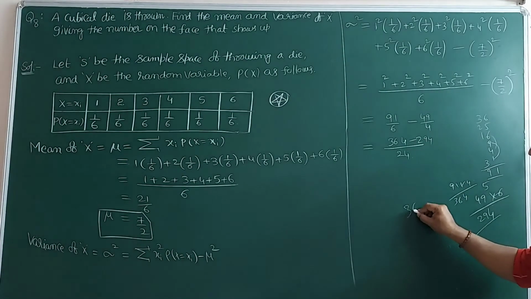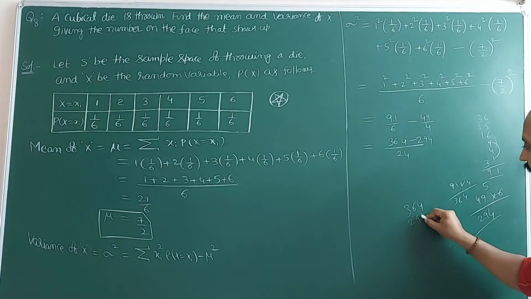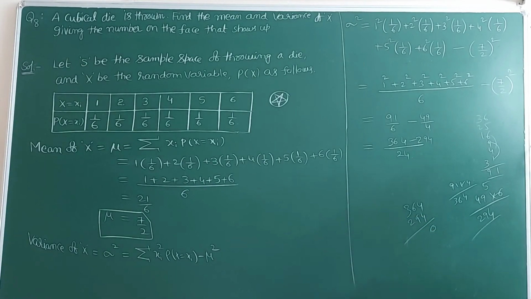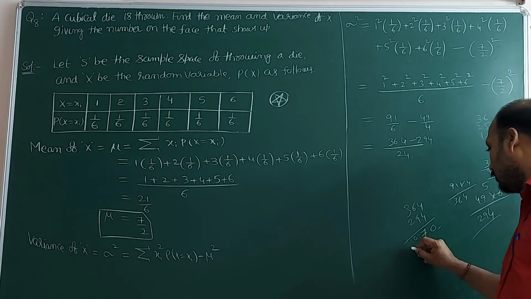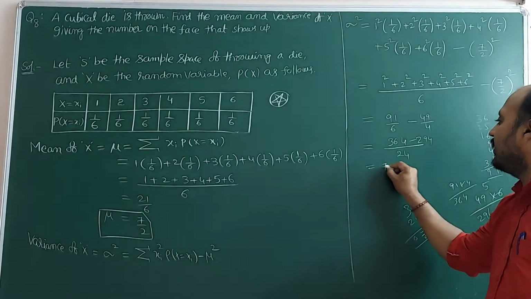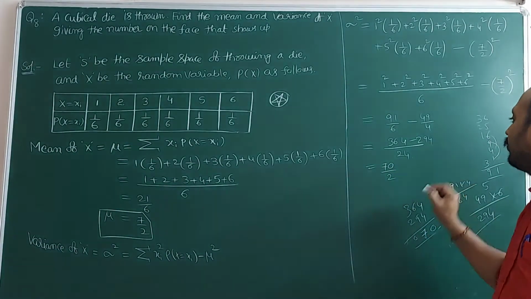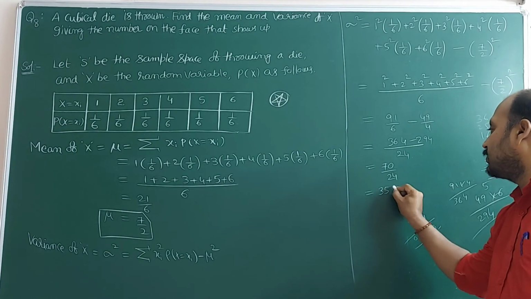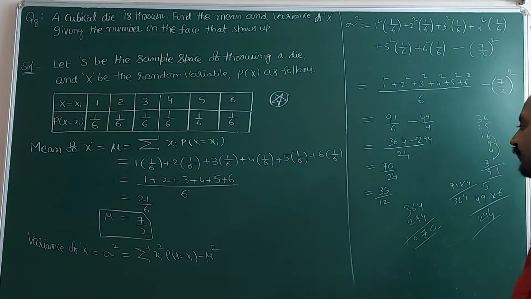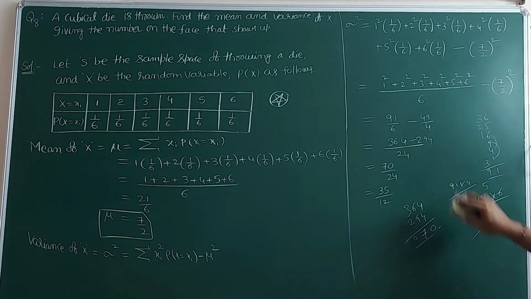So 364 minus 294, that is 70. So 70 by 24. 2 times 35 is 70, 2 times 12 is 24. There is no other possibility. 35 by 12. That's all.